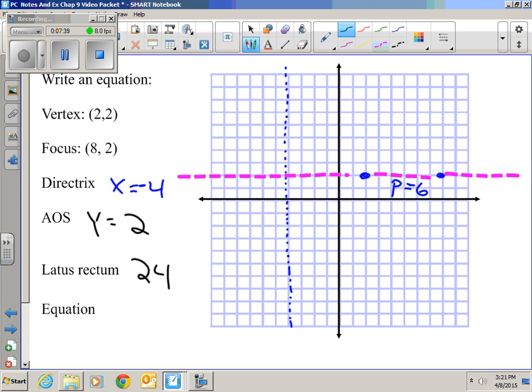This is going to be a horizontal parabola that opens up to the right. My vertex is here. My latus rectum is going to go 12 units this way and 12 units this way. So my parabola is going to be roughly drawn way out here like this and way out here like that. The equation is going to be now, what our a is.